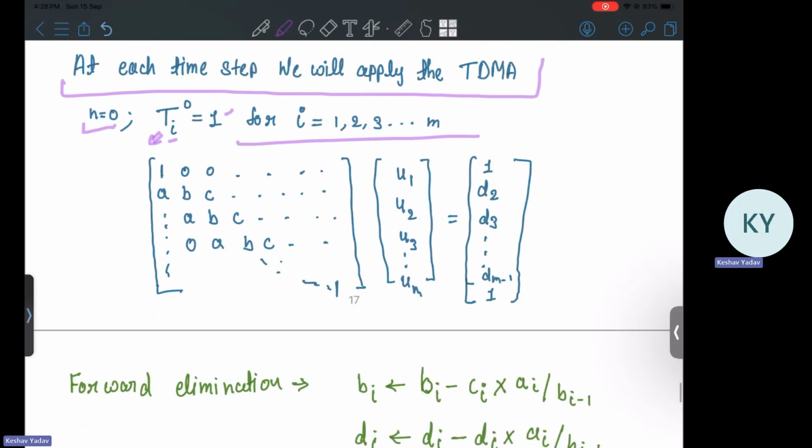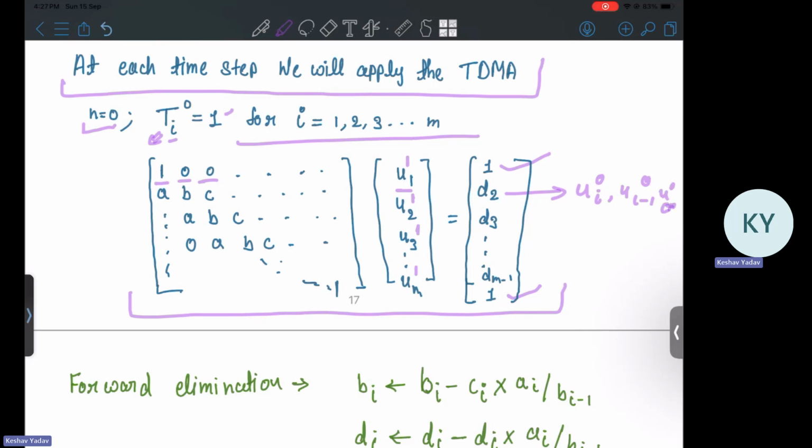Okay, and if you write that, then we will get this kind of system of linear equations. So the first equation will be 1 0 0 for u_1, and so on. When I am putting n equal to 0, for the first case d will be 1, for the last case d will be 1, otherwise it will be d, and this d will be a function of u0_i, u0_(i-1), and u0_(i+1).